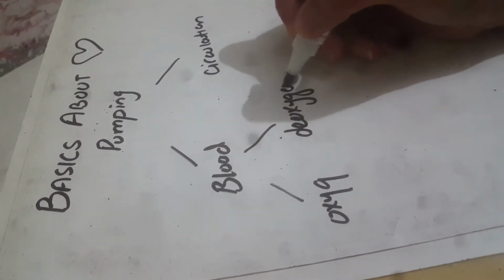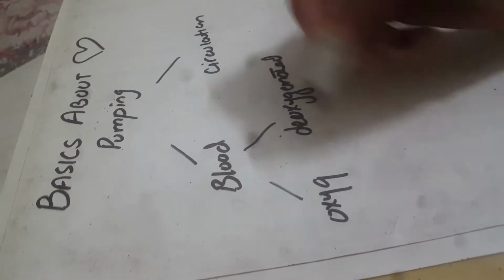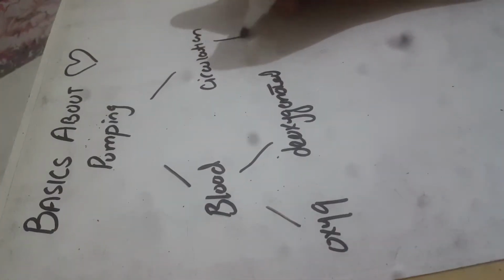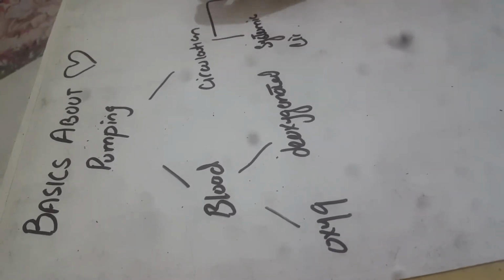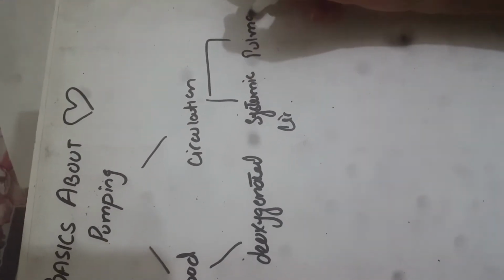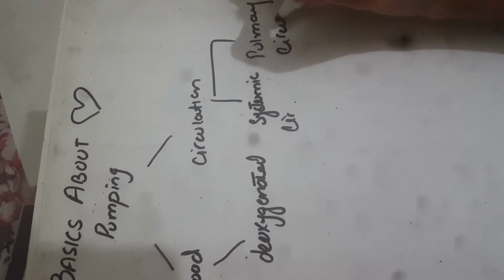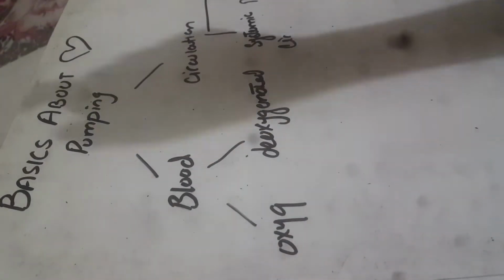At the same time, it is dealing with both types of blood, oxygenated and deoxygenated. The circulation going on in our heart is systemic circulation and pulmonary circulation. This is the basics. Now we will discuss each and everything in detail.